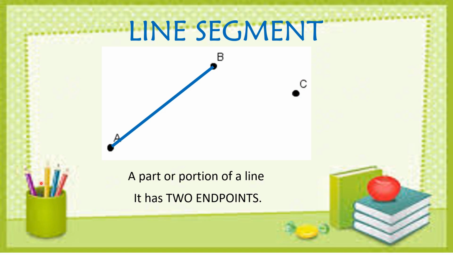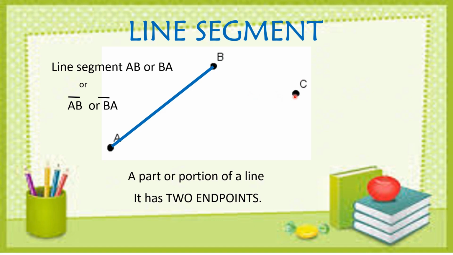In this figure, the endpoints are point A and point B. This is named as line segment AB or BA, or much simpler in symbol, with a short line above the two letters with no arrowheads. But just like the line, the letters can be interchanged.